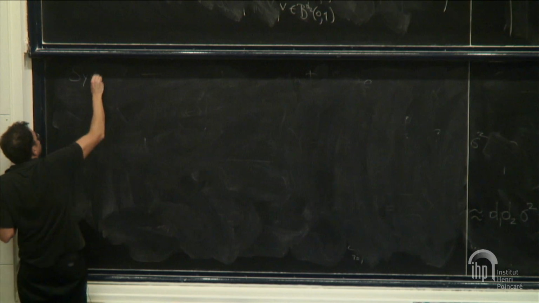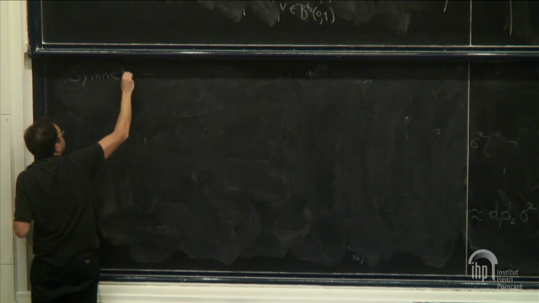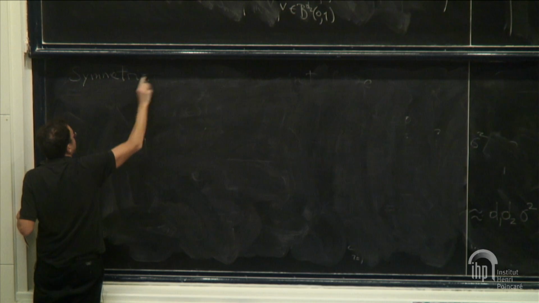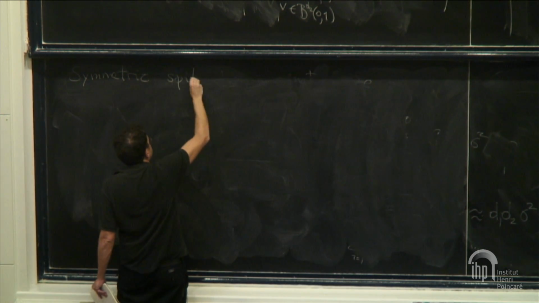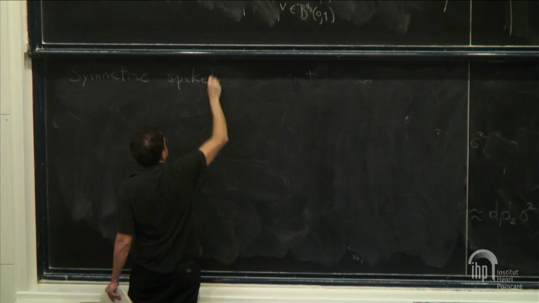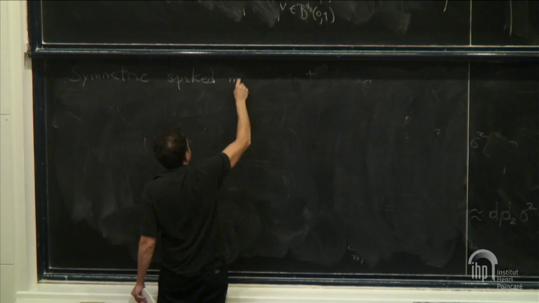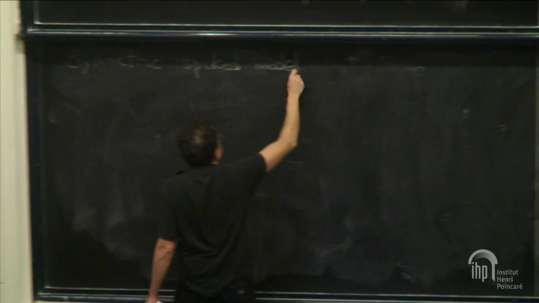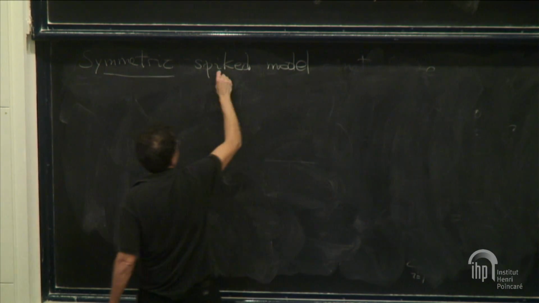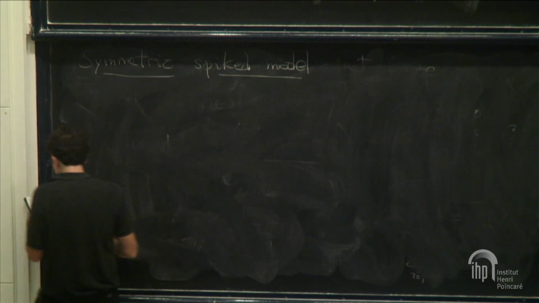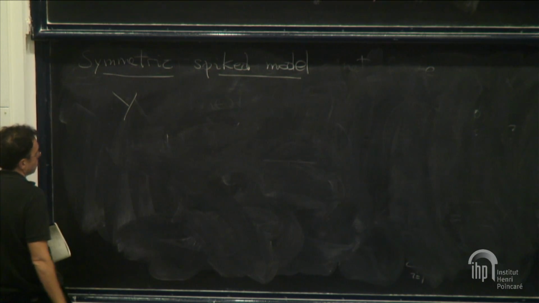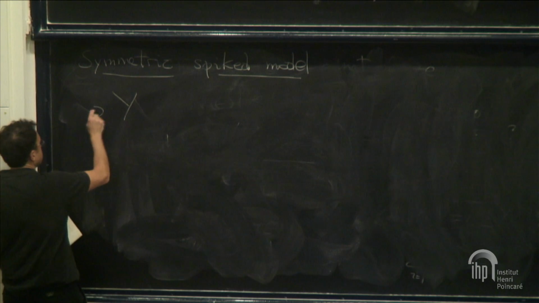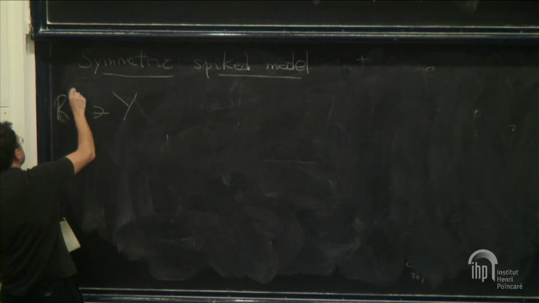So let us look at what this implies for this simple model that I defined before, that is the symmetric spiked model. I'll look at the symmetric version of the spiked matrix model. So what is this? You have a matrix Y that is your observation. So this is an n by n matrix.